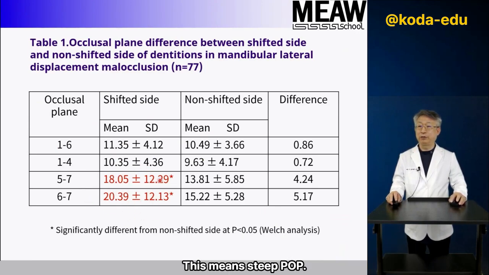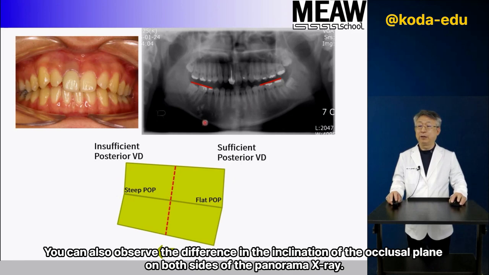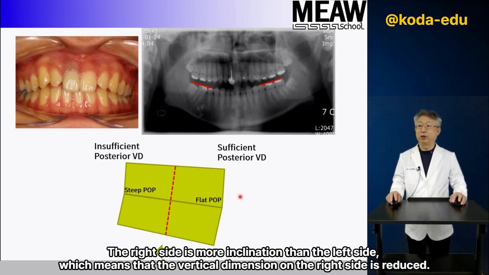This means steep POP. You can also observe the difference in the inclination of the occlusal plane on both sides of the panoramic X-ray. The right side is more inclined than the left side, which means that the vertical dimension on the right side is reduced.